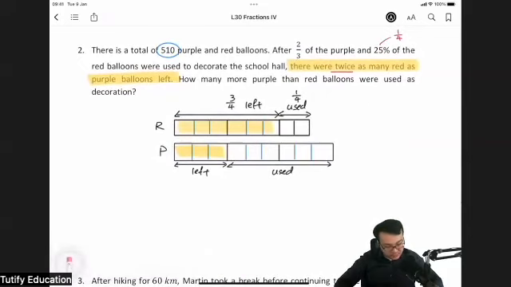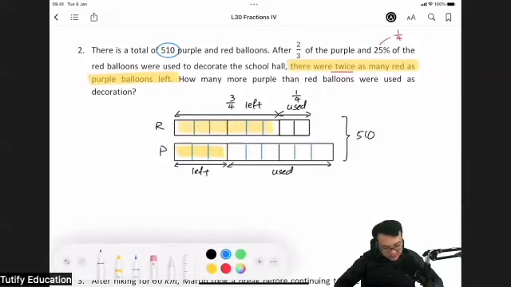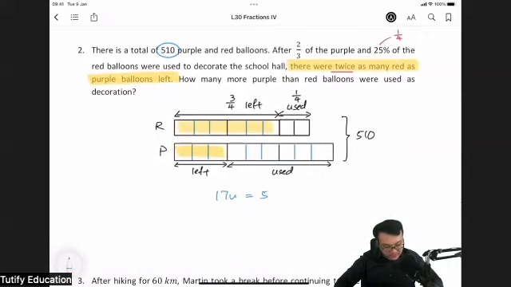You count all together how many units? There's 8 units here, 9 units here. Yes, 17. 8 plus 9, 17 units. And that will give us 510 balloons. So 1 unit is 510 divided by 17, which is 30.